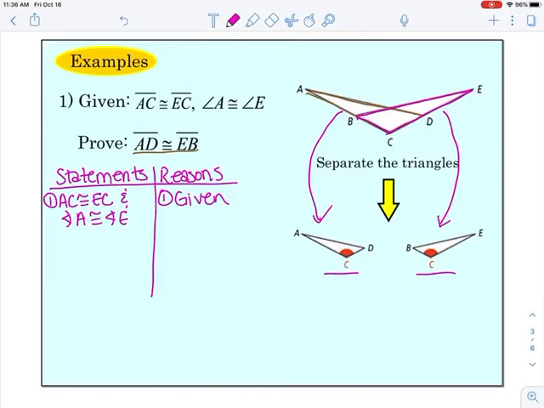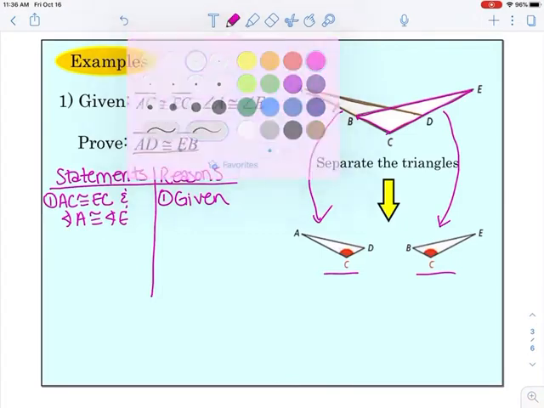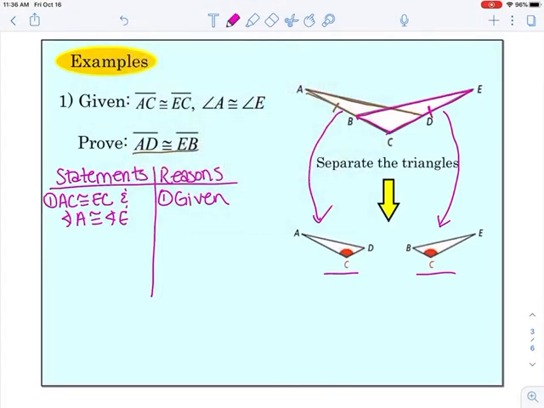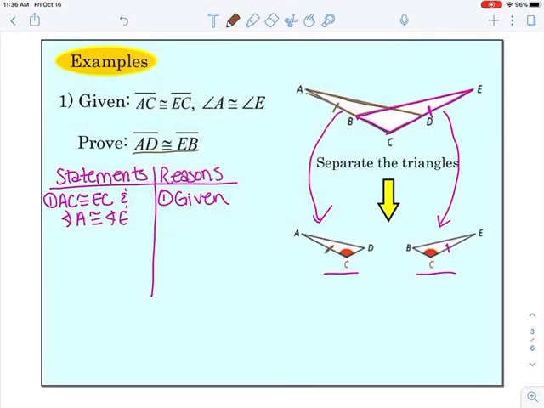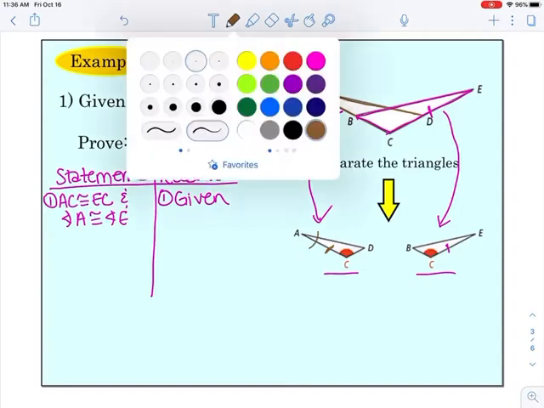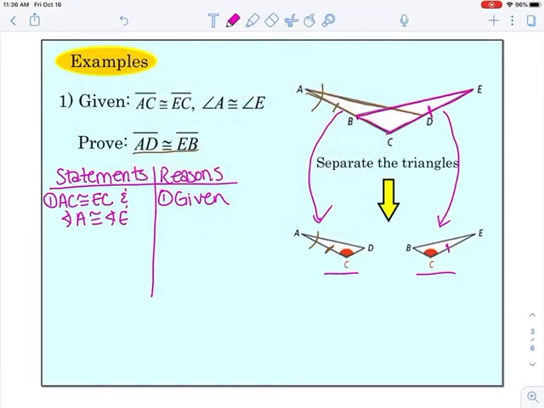AC is the entire side of this brown triangle, and EC is the entire side of this pink triangle, so that's this side and this side. Now I also know that angle A is congruent to angle E. Angle A is that angle there, or in our bottom picture, that angle there. For our pink triangle, angle E is here, where angle E is there.